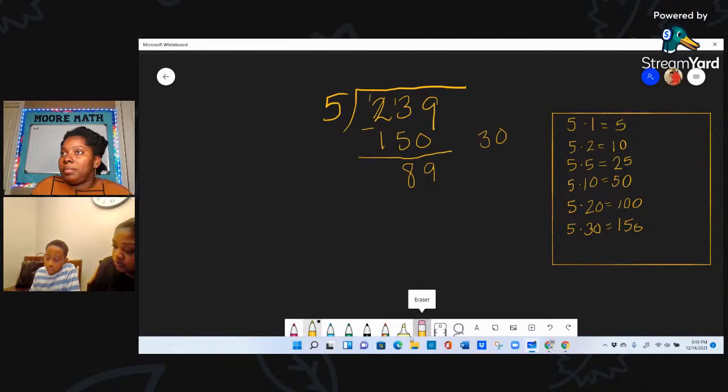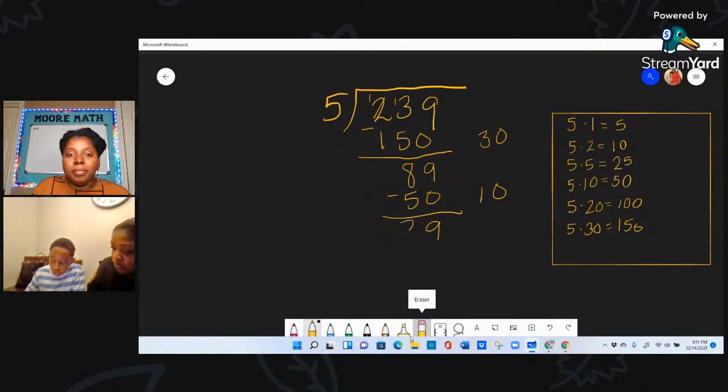Then I went over to the think box and used 5 times 10 equals 50. I put the 50 under 89, then I subtract, and I got 39.